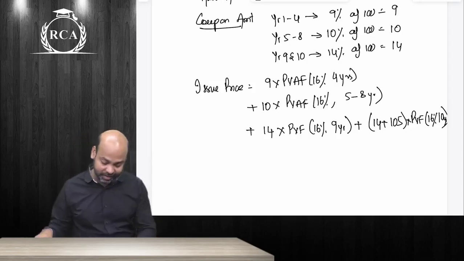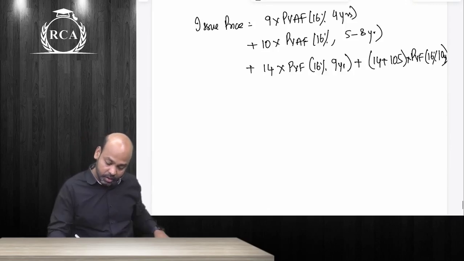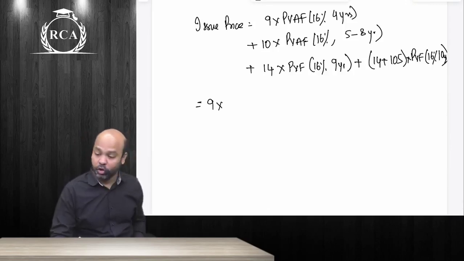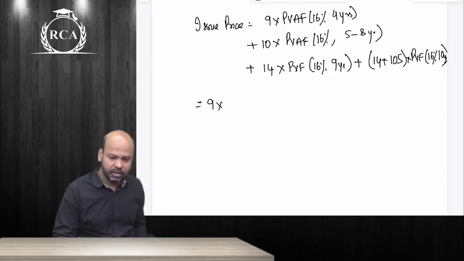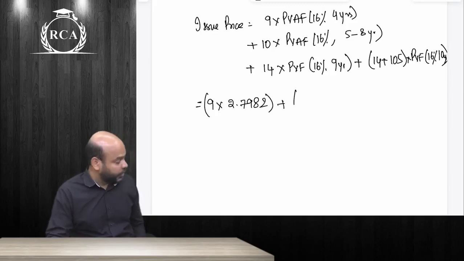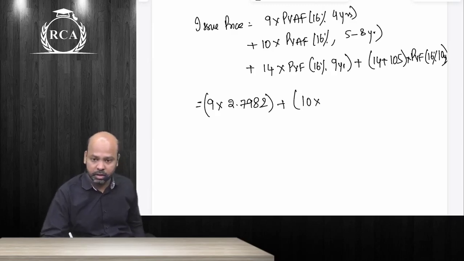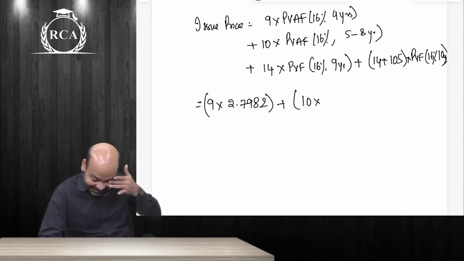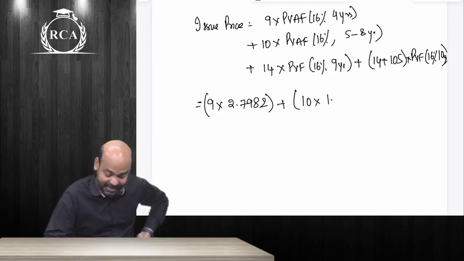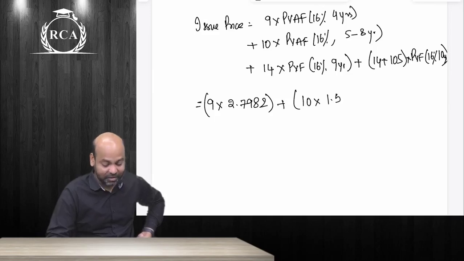All right, kids. So, what is the present value annuity factor for the first 4 years, guys? 2.7982. Next, beta, you will write 10 rupees into what is the PVA for 5th to 8th year? 1.5453.